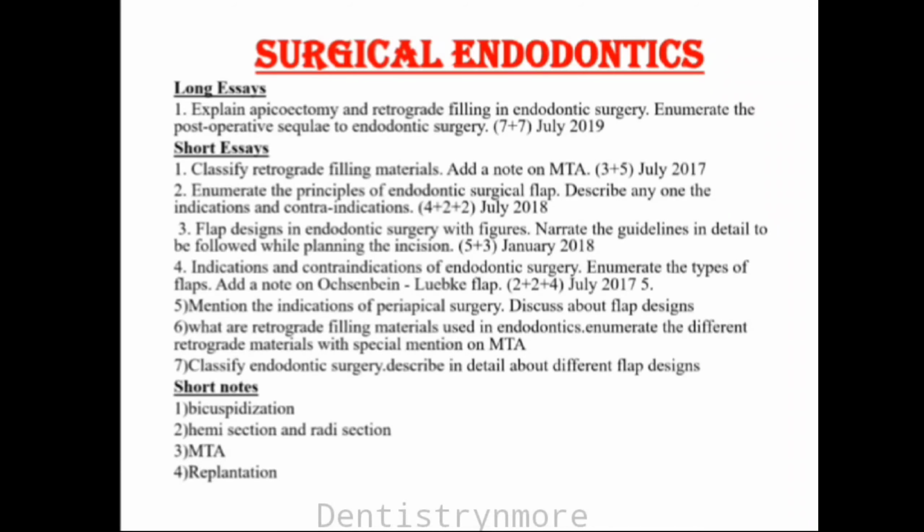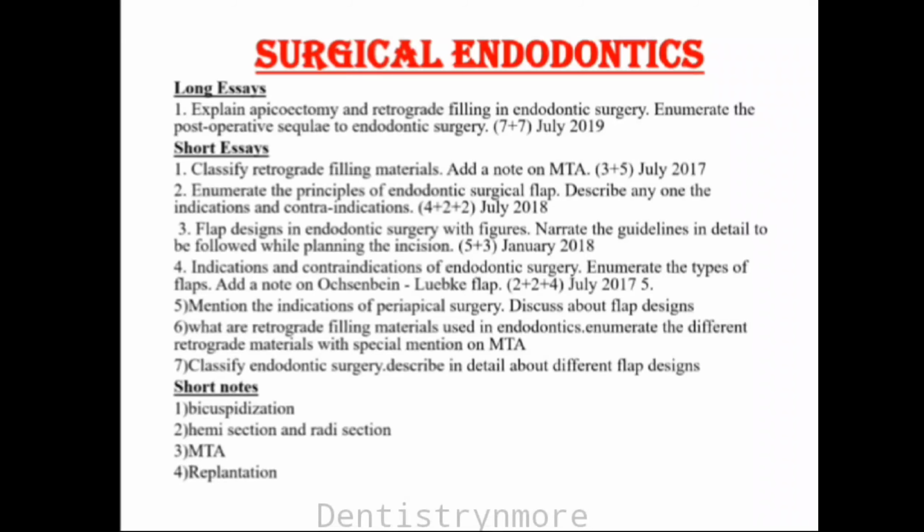The next topic includes these questions. The long essays: explain apicoectomy and retrograde filling in endodontic surgery, enumerate the post-operative sequelae of endodontic surgery.